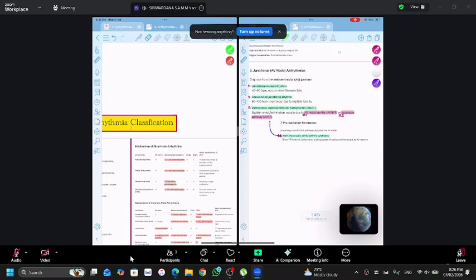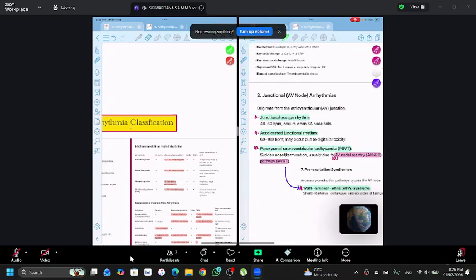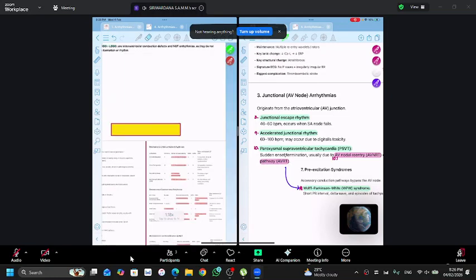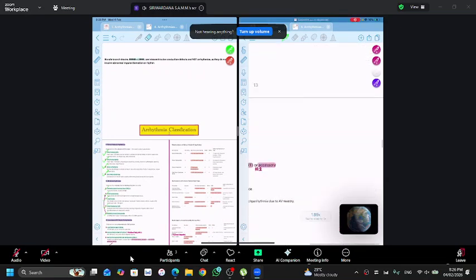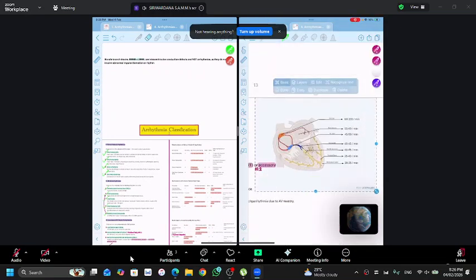First of them is the junctional escape rhythm. What basically happens there is, if due to some pathological reason the SA node stops working, or if the rate of generation of impulses from the SA node dips below that of the AV node.